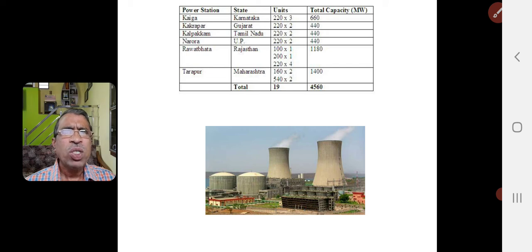Like this we have Kakrapar, Kalpakam, Narora, Tarapur and Rawatbhata. These are the various places, and in total around 4,560 megawatts of electricity is produced.